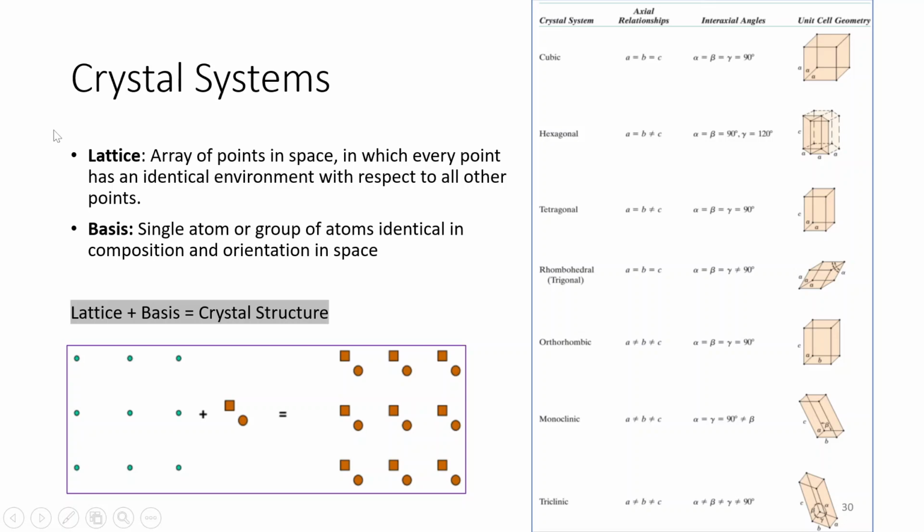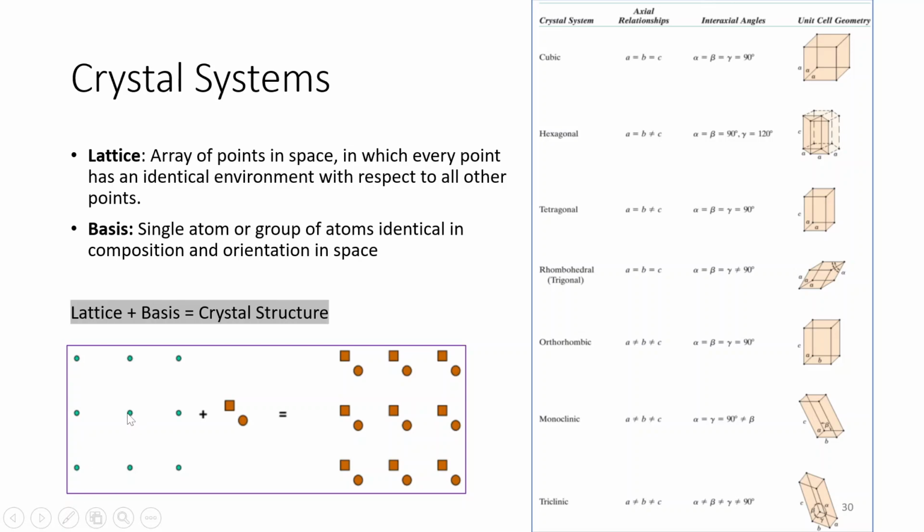Next is the crystal system. It is made using 2 things. One is lattice, which is a mathematical representation, and the other is basis, which is some atom or molecules that you are providing. Lattice is an array of points in space in which every point has an identical environment with respect to all other points.